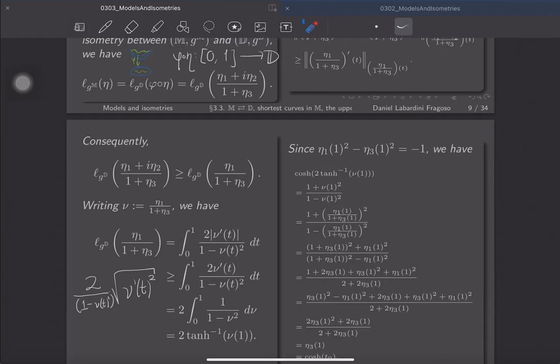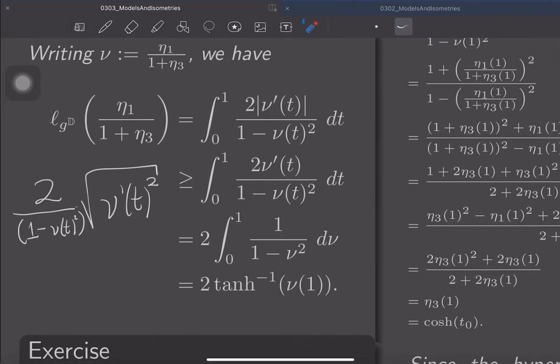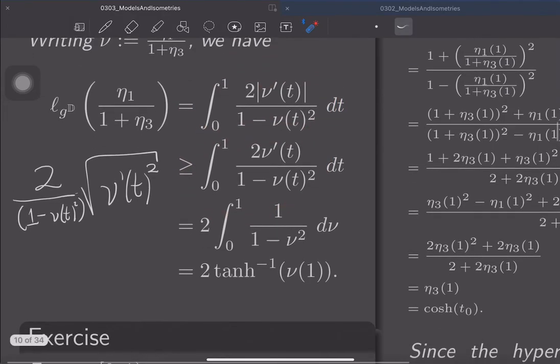Yeah. So, okay. Now, integrating absolute value, you see, absolute value is always greater or equal than not taking absolute value. So I have this inequality of integrals. And then here I realize that I can make a change of variable, because I have some function of nu, and then here nu prime.